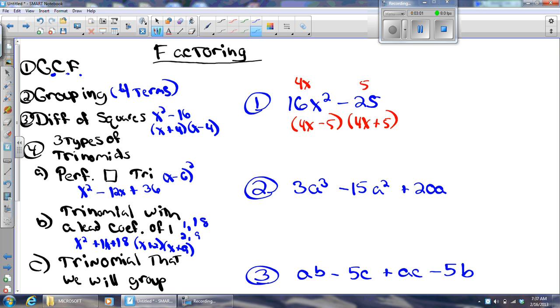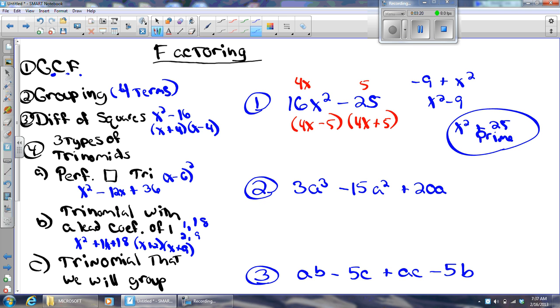By the way, remember, this is also the difference of perfect squares, because I could rewrite it as x squared minus 9. So that will factor like this. x squared plus 25 is prime. You can't factor that.